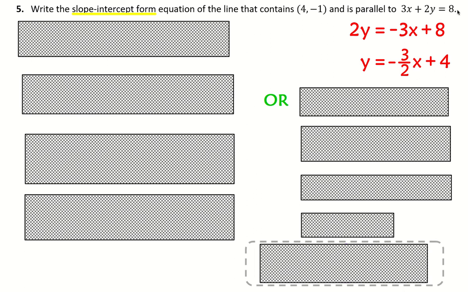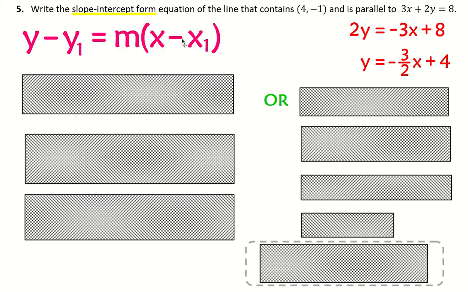You have to analyze this other equation for what its m is going to be, its slope. Because what does parallel mean, people? You should know this for this exam. Parallel means, as far as equations and lines and slopes, two lines that are parallel have exactly the same slope. So in other words, whatever this equation's slope is, we're going to use that exact same slope for our equation.